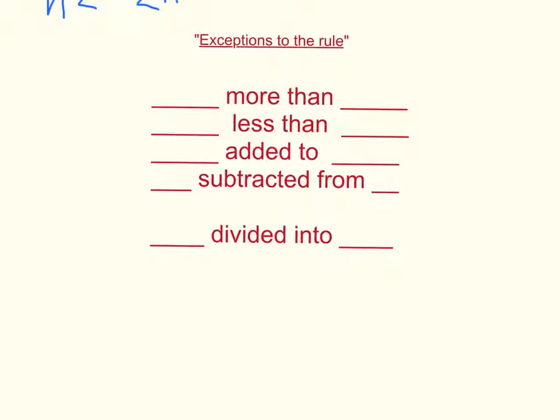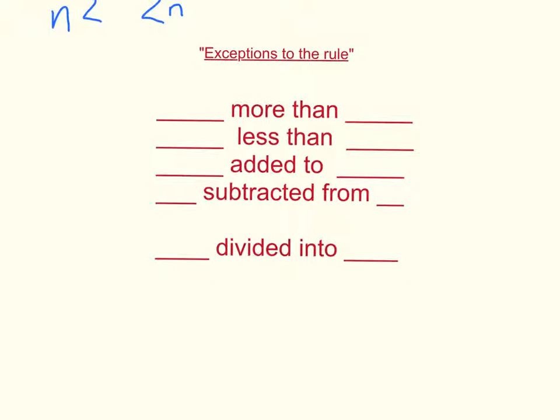For example, if it was 5 more than the random number, which was n, we're not going to write 5 plus n. We would write n because that's what we're starting with, and if we're doing 5 more, we'd have to add 5.